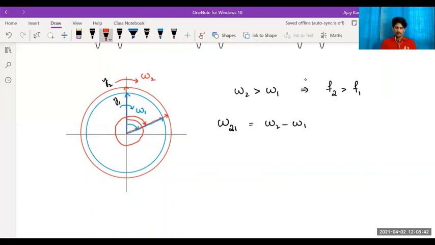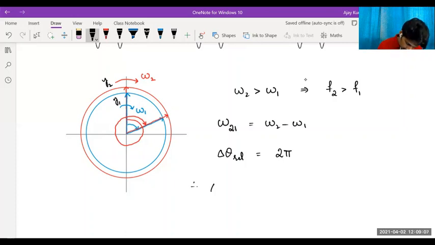So we need to find how much time it takes for this to happen. Okay. Now if you observe, the relative angle rotated by the red one with respect to the blue one is 2 pi. It has completed one complete circle more than the angle covered by the blue one. So the relative angle rotated is 2 pi and it has done that with a relative angular velocity of omega 2 minus omega 1.